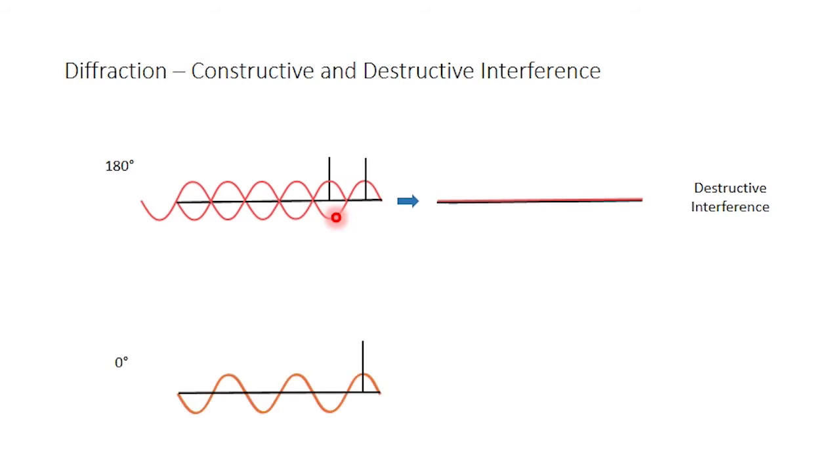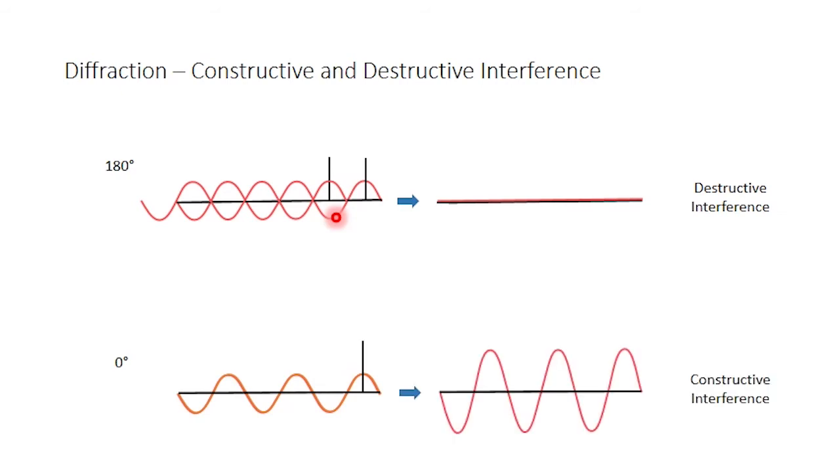Now, if those waves line up perfectly so that they're both exactly on top of one another, we get what's called constructive interference, or these waves are said to be in phase. When that happens, you can see that the amplitude of this wave is now twice as high as it was originally. That gives us additional signal at the detector.